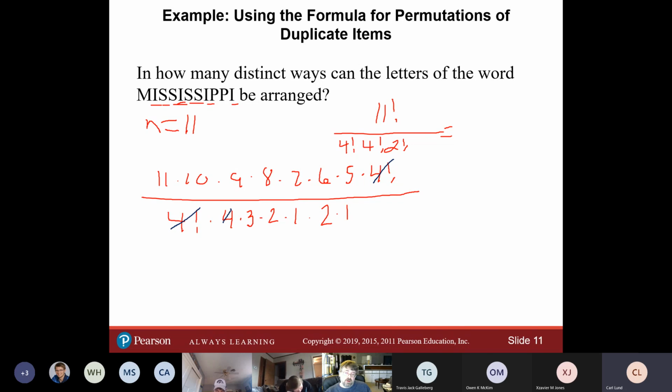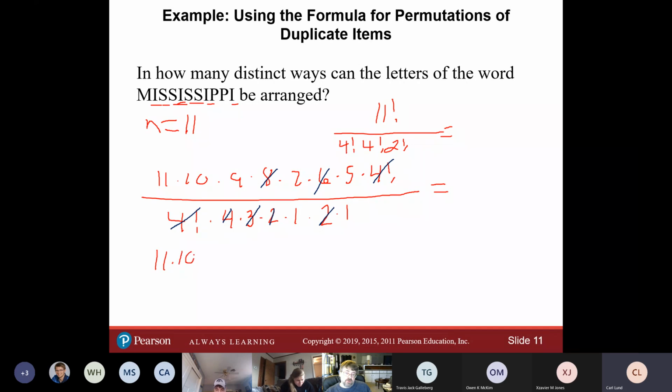And then I can do more canceling. All right. 4 times 2 are 8. 3 times 2 are 6. And so I get 11 times 10 times 9 times 7 times 5. Are the things that are left. I only have 1s in my denominator.